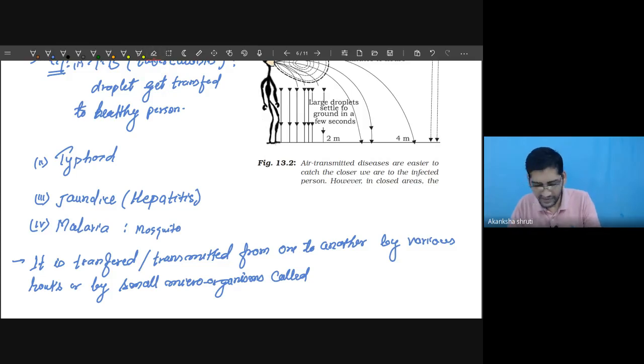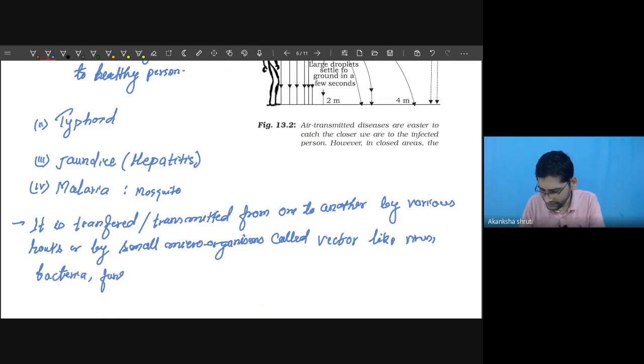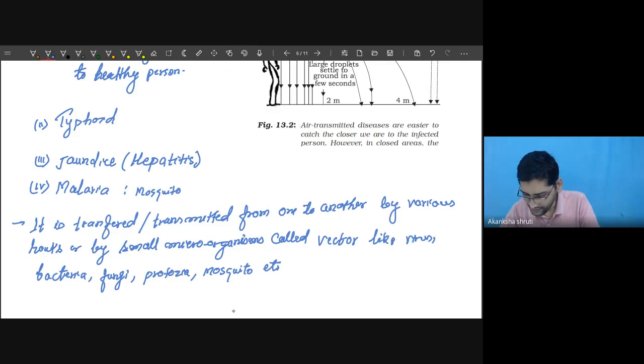Better term, let us first write the vector. Like it may be your virus, maybe your bacteria, maybe your fungi, maybe your protozoa, maybe your mosquito, etc. Or maybe even by the air itself, so by various routes.